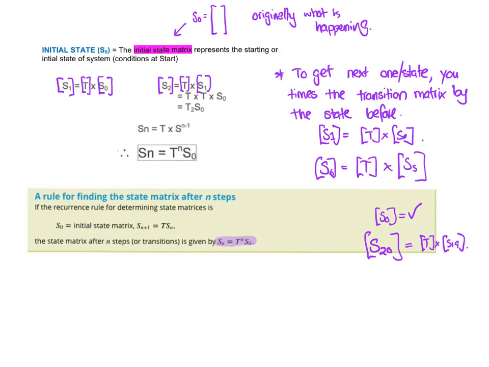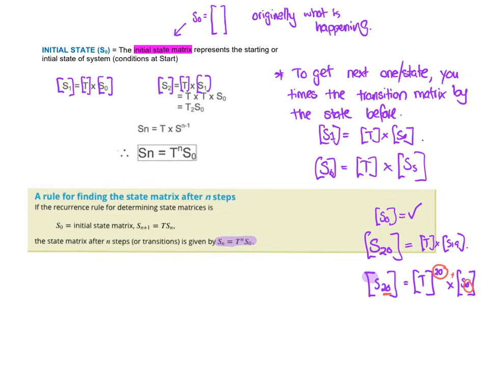You can get to state 20 by using the transition and raising it to the power of 20 and timesing it by the original scenario. So if you see the power amount and this number, they will add up to give what you want.